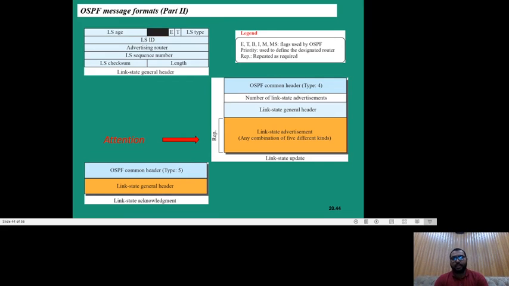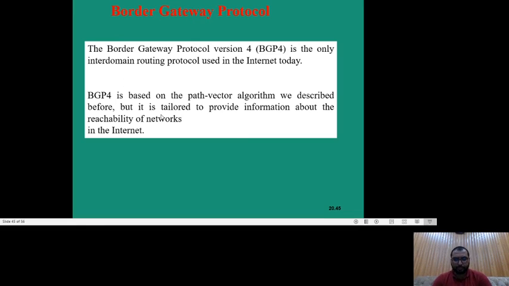So you can see the difference. This is type 5. This information will be the same as here, but this is the link state header, and this is the OSPF common header. The OSPF common header is the same for all the 5 types.